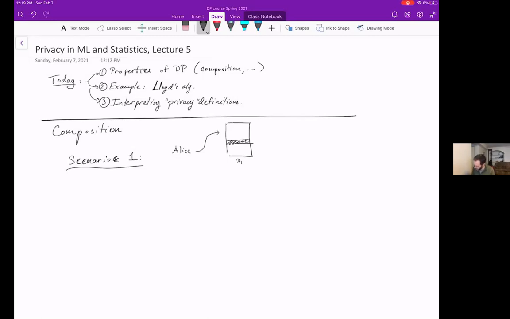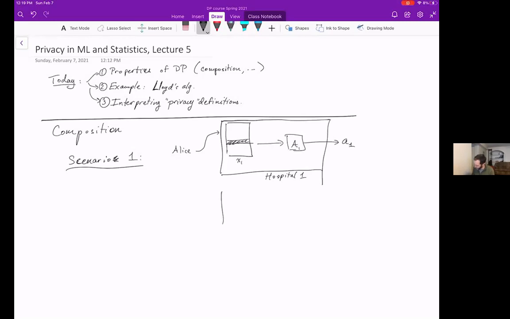And data set X1 is held by some hospital. Let's call it Hospital 1. And Hospital 1 is going to publish some stuff about its data. Okay, so we'll call that the output from Hospital 1. We'll call it little a1, and big A1 is the algorithm it's using to produce that output.